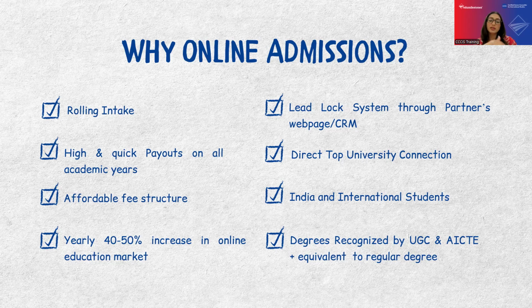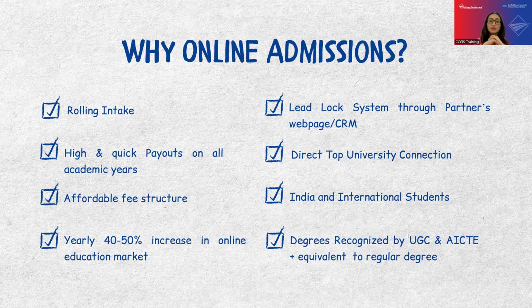This round happens 2 to 3 times in a year, so windows are open 2 to 3 times. That is why we call it rolling intake. Because we know the Indian academic year starts from July onwards, with July, August, September being the months when the new session begins, only in that particular time period. But in online, there's no restriction like that.